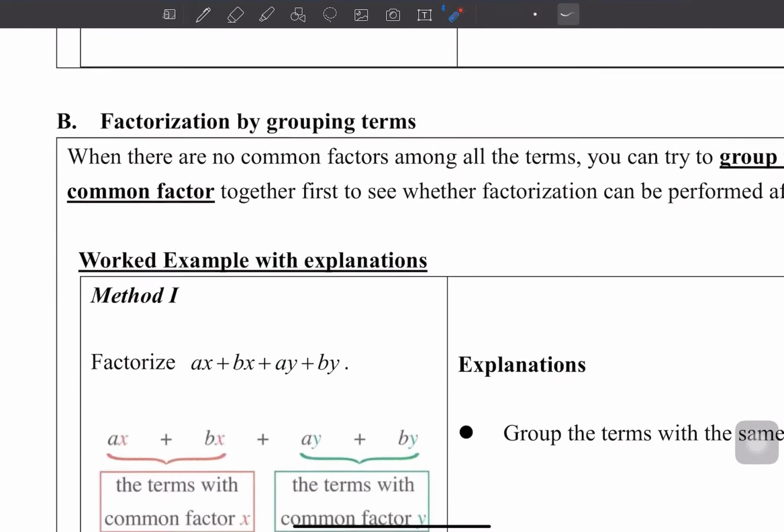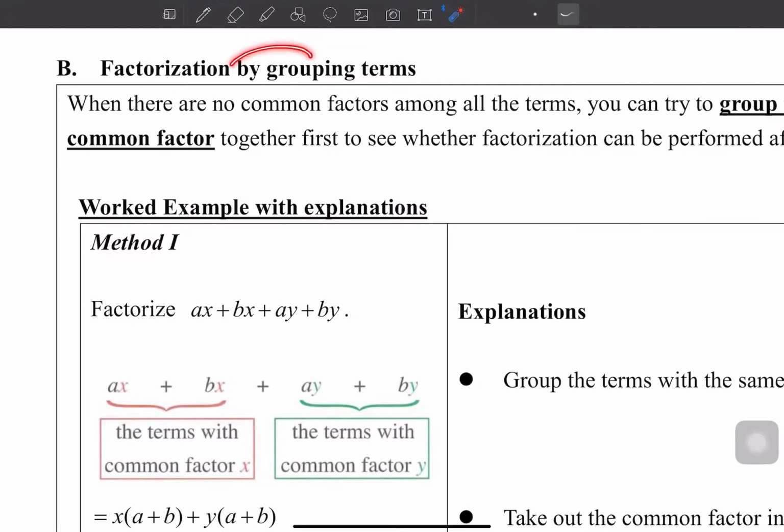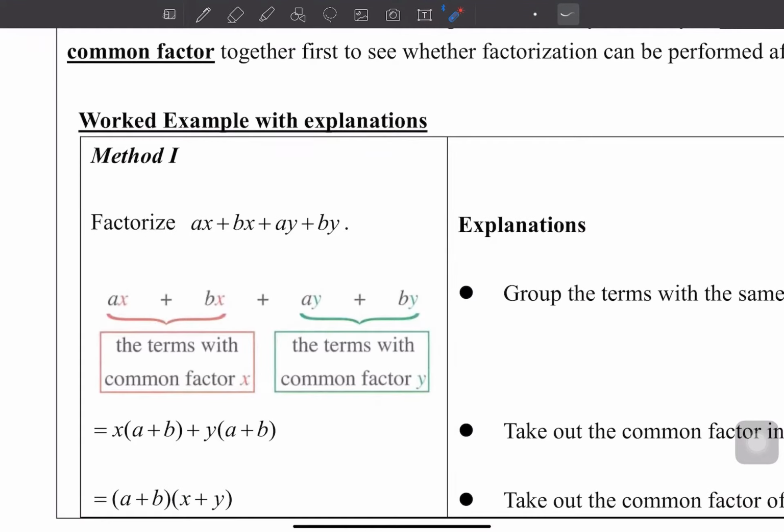The second method is called factorization by grouping. I want to pinpoint what is the aim of this method. If you want to factorize it, you cannot find any common factor. But you can find the common factor for the first 2 terms and for the last 2 terms, which is x, and you can find y.